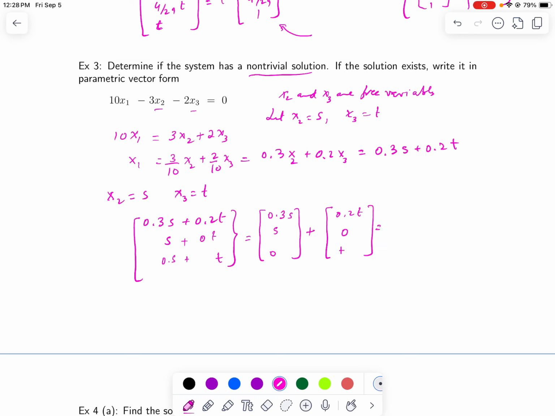When we take out the parameters here, these are called parameters. So I can pull out the parameters. One is left with s times 0.3, 1, 0 plus t times 0.2, 0, 1.